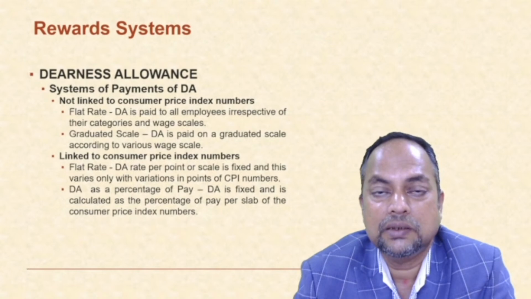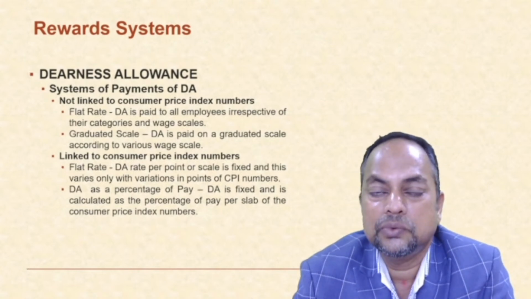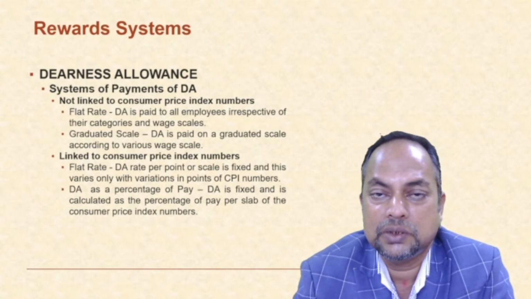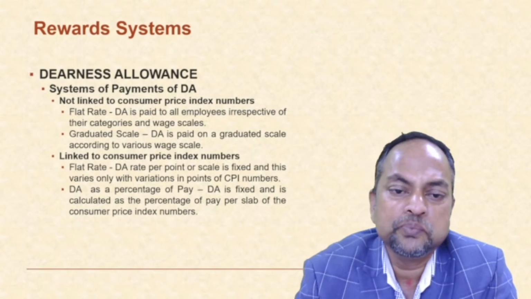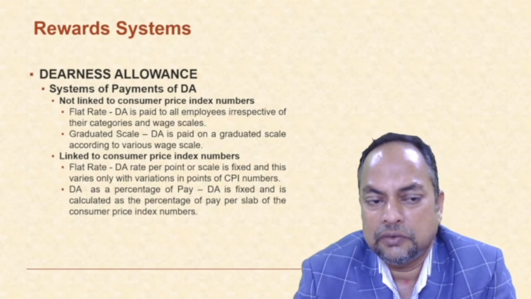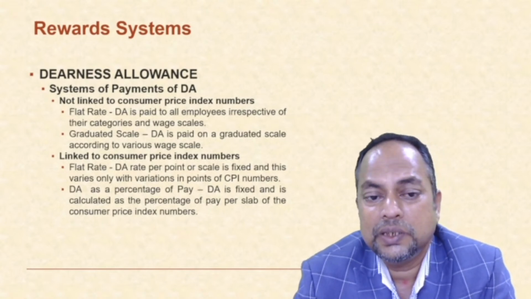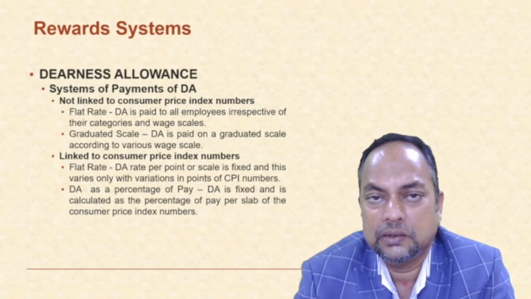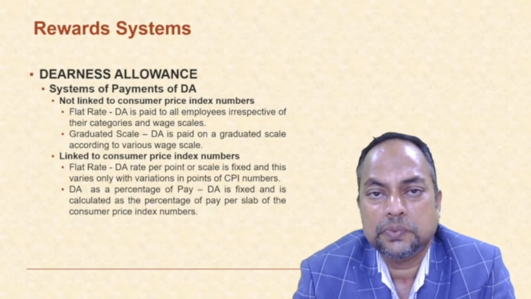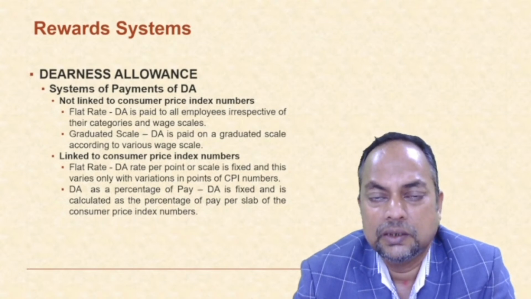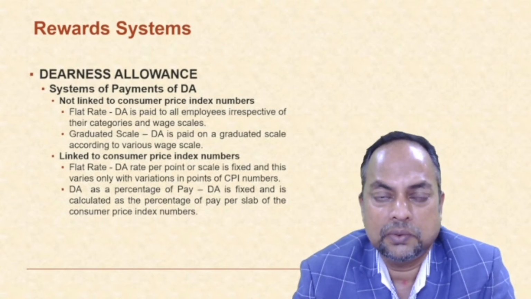But when we calculate this DA linked with the consumer price index, we come out with the administration in a bit different way. A flat rate of DA linked with the consumer price index means that the DA rate has to be linked with the point or the scale which is fixed, and whenever there is a variation in the point of the consumer price index numbers, the DA will be applicable on that.